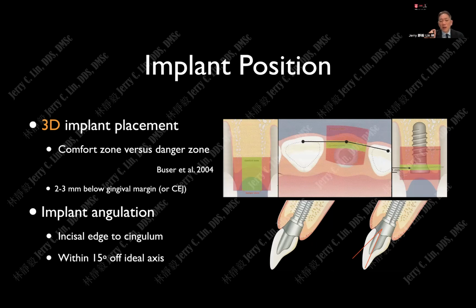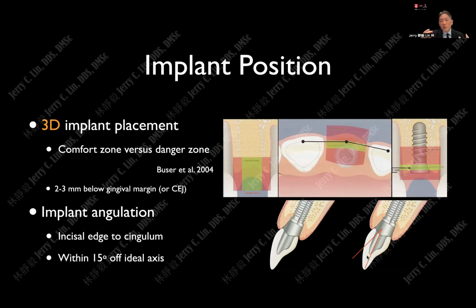That's implant angulation. The implant angulation should follow the protocol. The ideal implant position is with the implant direction all the way to the incisal edge or through the cingulum. Anything between the incisal edge and cingulum could be a good position for implant aesthetics.